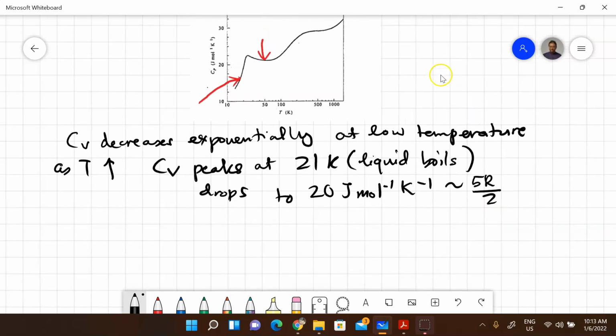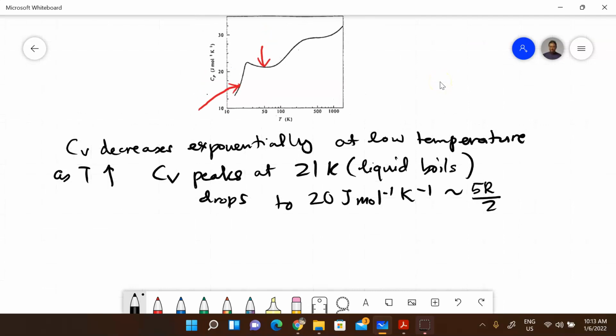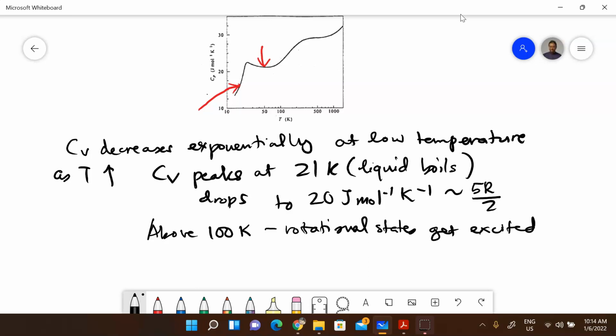Above 100K, you start to see your rotational states get excited. Actually, this is CP, sorry.